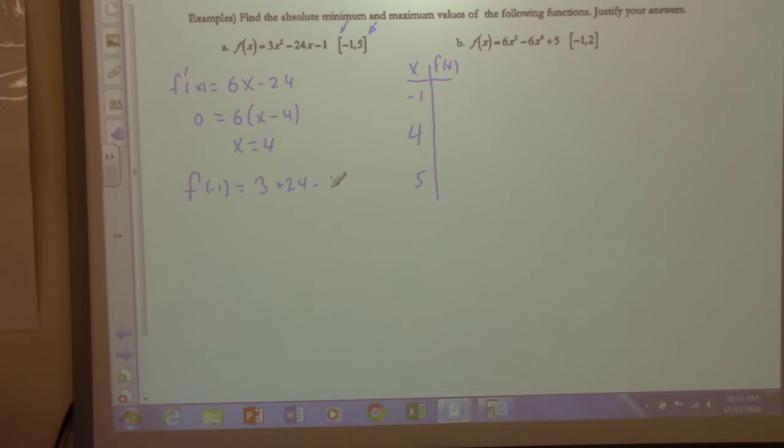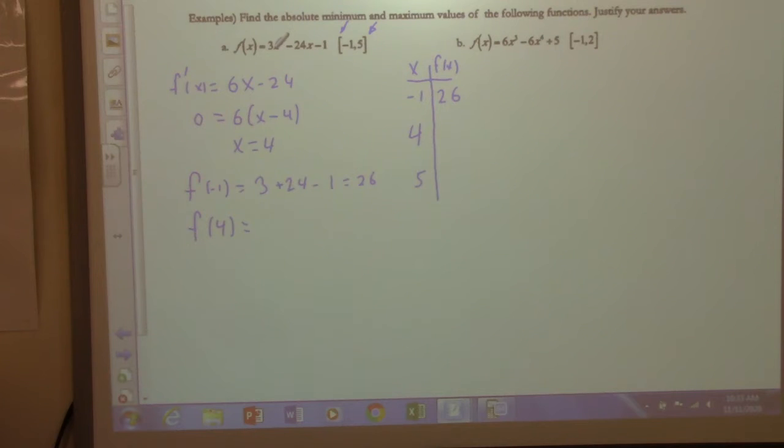And then minus 1, so 3 plus 24 minus 1 is 26. Is that right? Yes, that's right. It's right to be hesitant about it, to question something. I want you always to think self-critically.